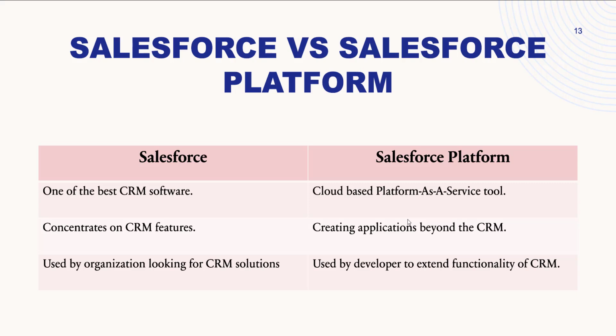And on the other hand, the Salesforce platform is like a toolbox that is used for making the program better. It lets you add new features or tools to the programs, like building your own apps or making it work with other programs too.